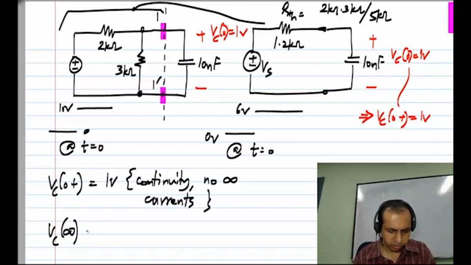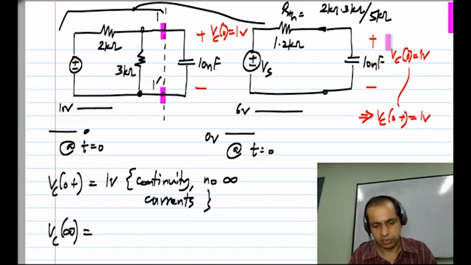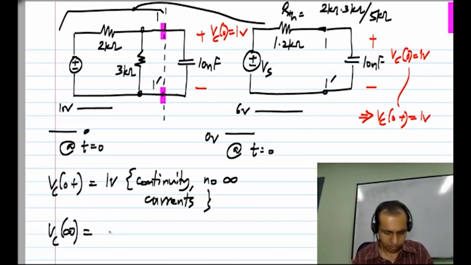Then Vc of infinity, which is the final value, is computed by assuming that the capacitor is an open circuit. If this is an open circuit, then the resistance here doesn't have any voltage drop across it. So all of Vs appears between the terminals 1 and 1 prime. And Vs, the final value, is 6 volts. The 6 volts will appear there.